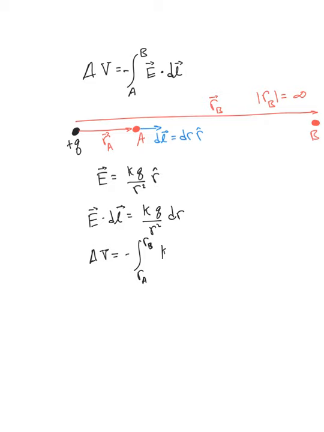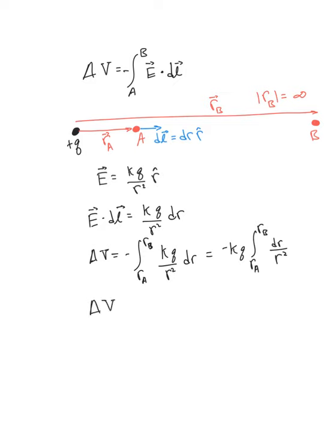So we can write this as kq over r squared dr. The k and the q can get pulled out front, so we can write this as negative kq integral from r_A to r_B of dr over r squared.